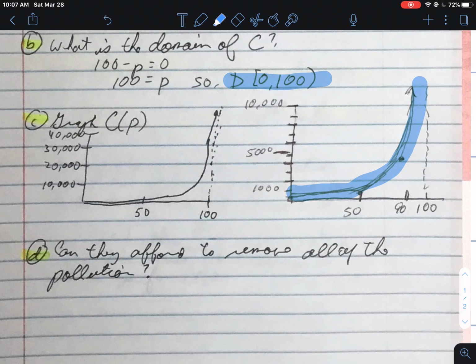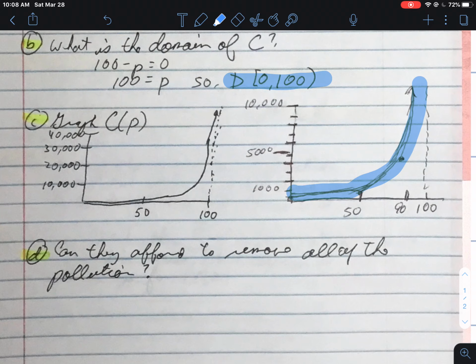If we zoom out further from our graph, we've got that same behavior, but I just changed the y-axis in this case. I brought it up to 40,000. You put whatever you want there. But the basic shape of the graph is the same. The observation I want to make here is that as x approaches 100, or as p approaches 100, that graph is still going to have the same behavior: the function values are going to approach infinity.